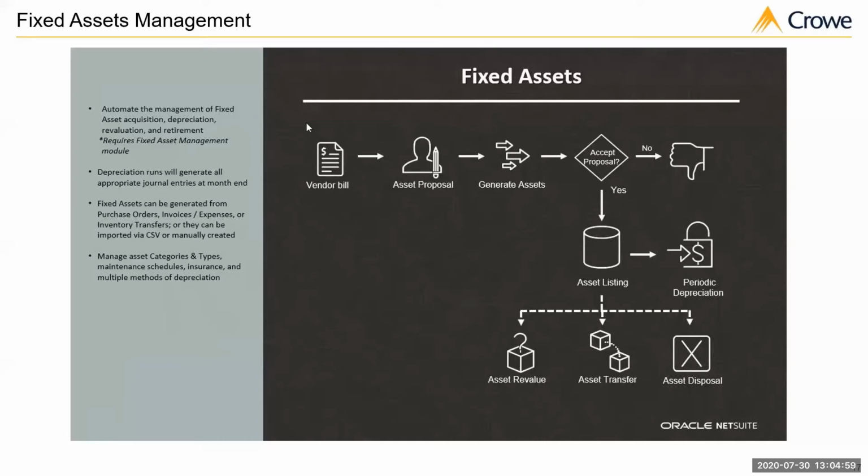Here you can see the flow that NetSuite recommends for fixed assets: you start with the purchasing transaction. Fixed assets can be generated from purchase orders or invoices, as well as inventory transfers, or you can upload them manually or via CSV to the system.